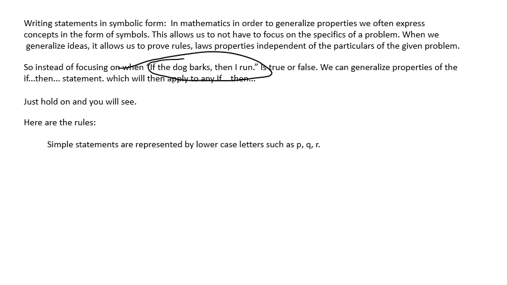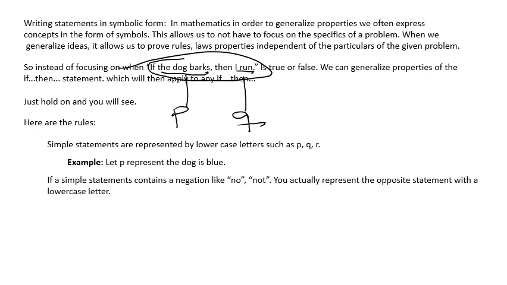Simple statements are represented by lowercase letters such as P, Q, and R. So simple statements like the dog barks, I run, will get represented by lowercase letters. For example, if P represents the dog is blue. If a simple statement contains a negation like no or not, you actually represent the opposite statement with a lowercase letter.